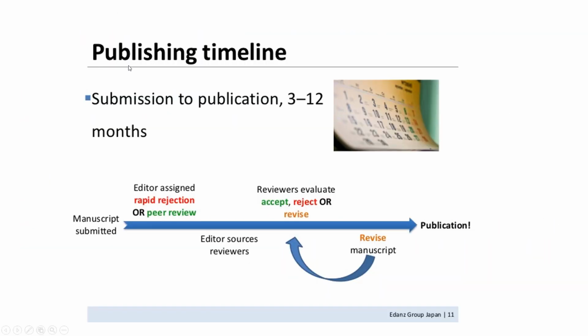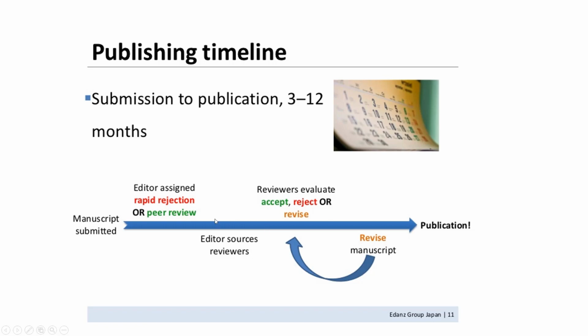Shown here is a relative timeline for getting published. The usual time from submission to publication can be anywhere from 3 to 12 months. You submit your manuscript. Hopefully it has been reviewed by all the authors. And then when it is submitted, it's assigned to an editor who will either give you rapid rejection or send it out for peer review.